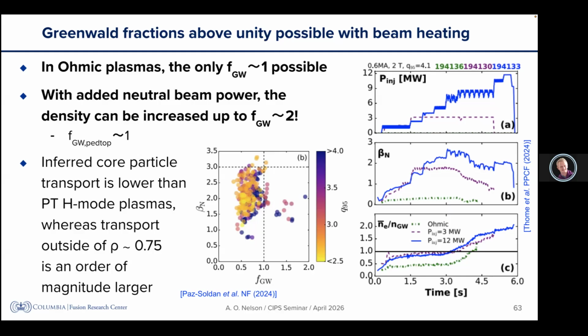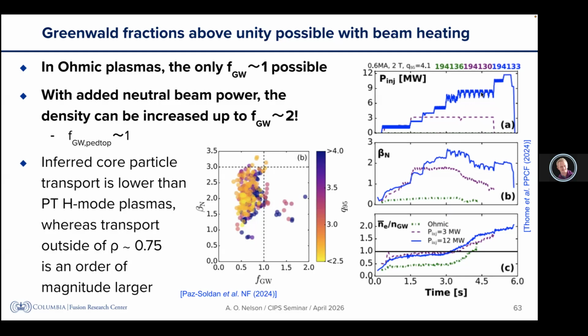So Greenwald of 1 is your limit. In negative triangularity plasmas, we were able to get to Greenwald of 2, which is crazy. That's never been done before. It's because with added beam power, you can modify where this empirical scaling ends up. Your transport and your stability are a bit different, so you can get to higher Greenwald densities. That's shown here.